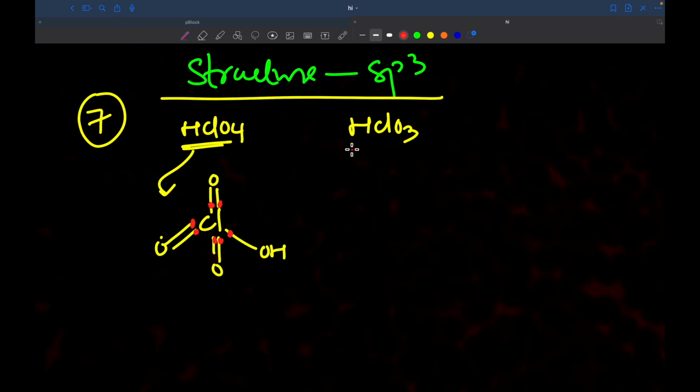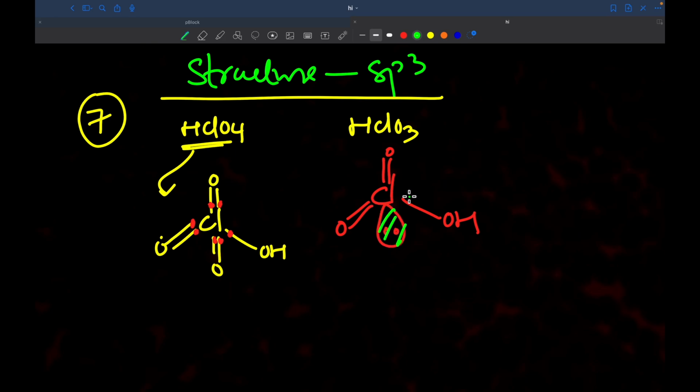Right. So when it comes to HClO3, we have to replace one of the oxygens. How many double bonded oxygens should I keep now? I can keep only 2. A lone pair will sit here. This is the lone pair here.